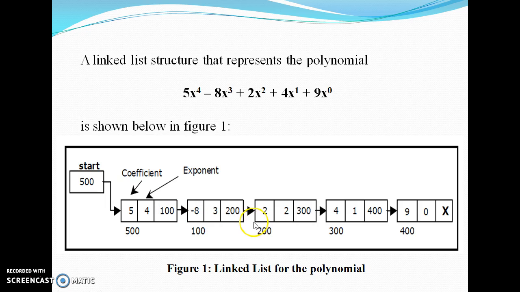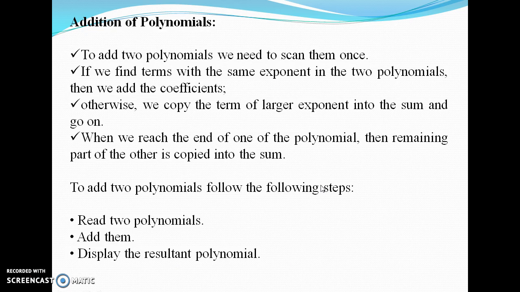Similarly, each and every node is pointing to the next node. The last node doesn't have an address. So this is just a simple application of linked list. We can also perform addition of polynomials, where you can read two polynomials, add them, and display the resultant polynomial.